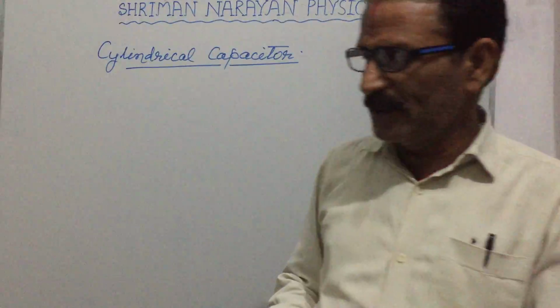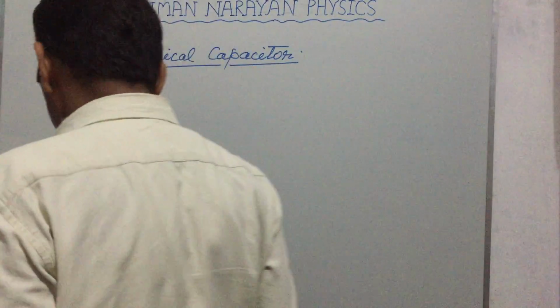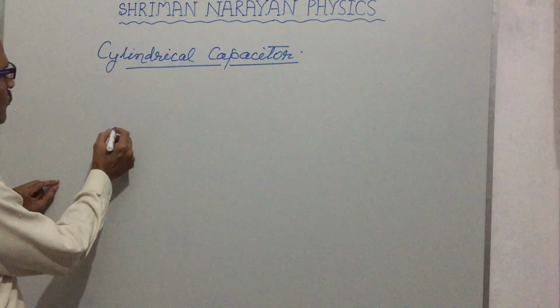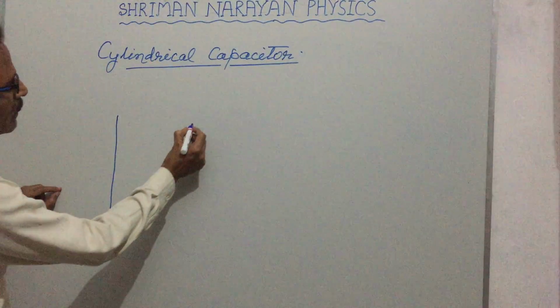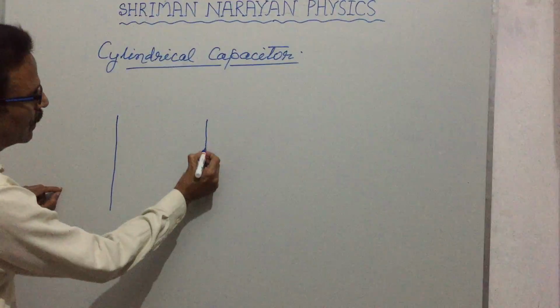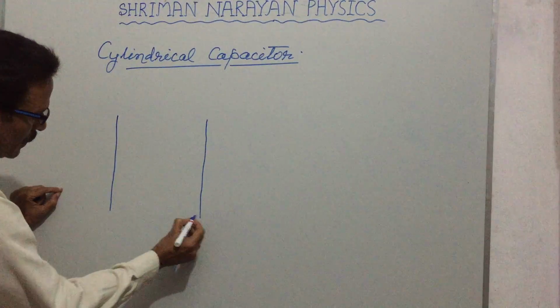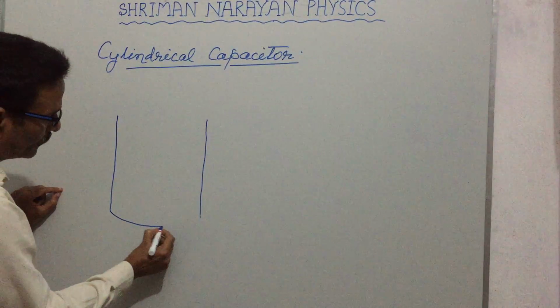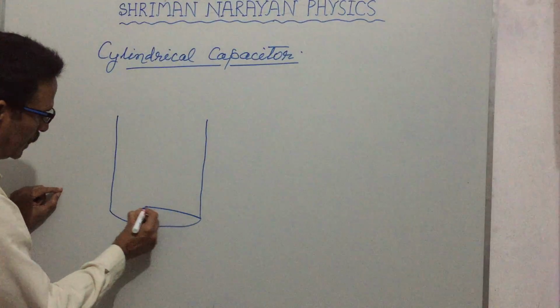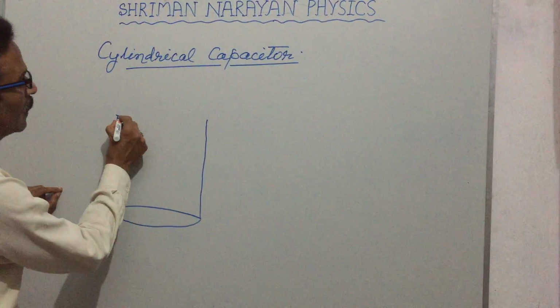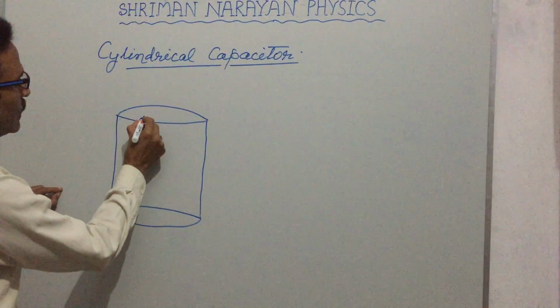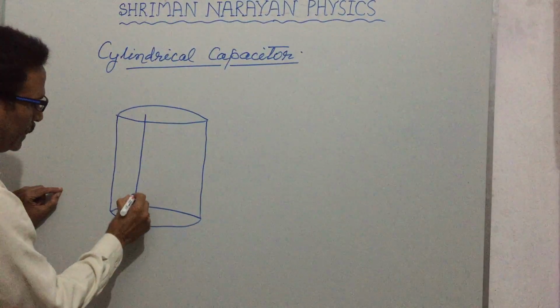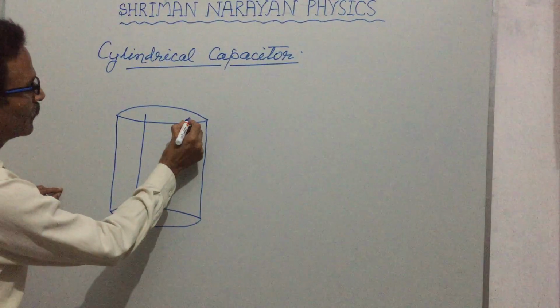A cylindrical capacitor consists of two hollow coaxial conducting cylinders. You can see there are two cylinders. This is the first cylinder and the second one is this cylinder.